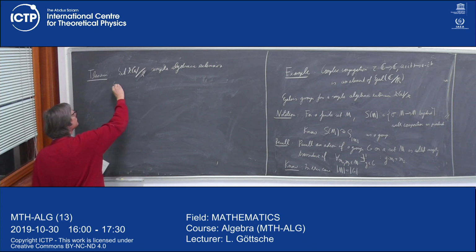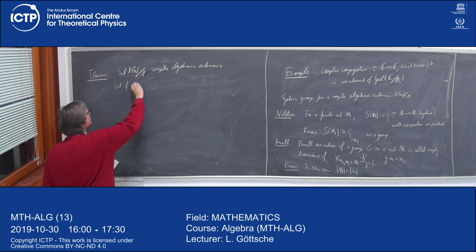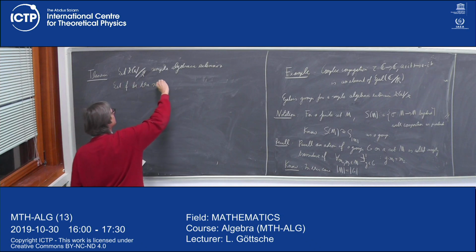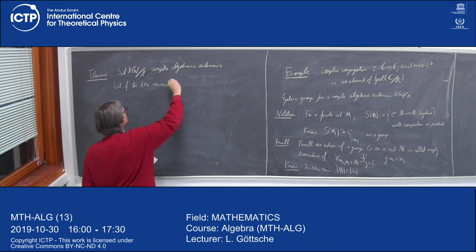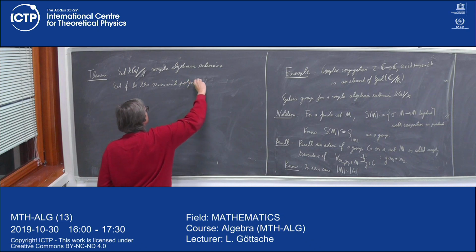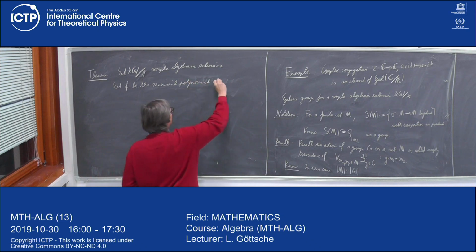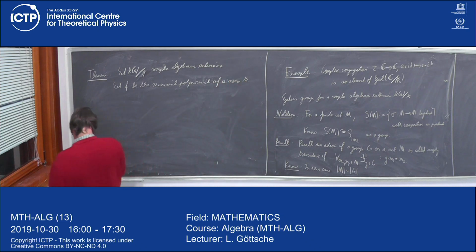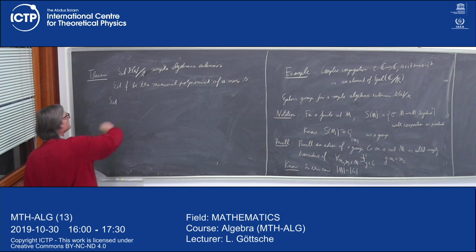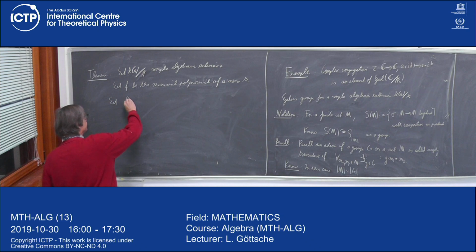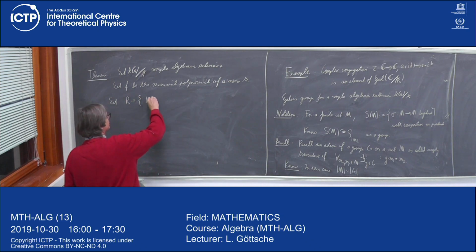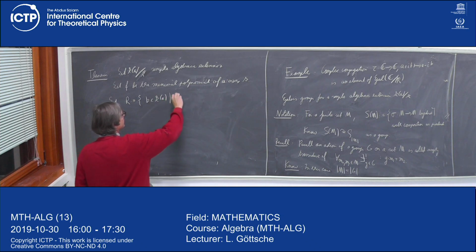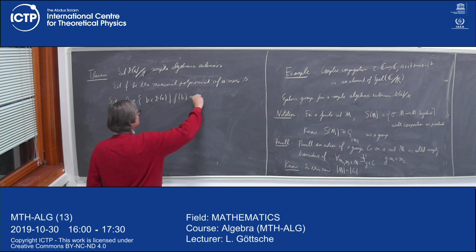Let f be the minimal polynomial of a over K, and we look at the roots of this minimal polynomial in K(a), the b in K(a) such that f(b) = 0.